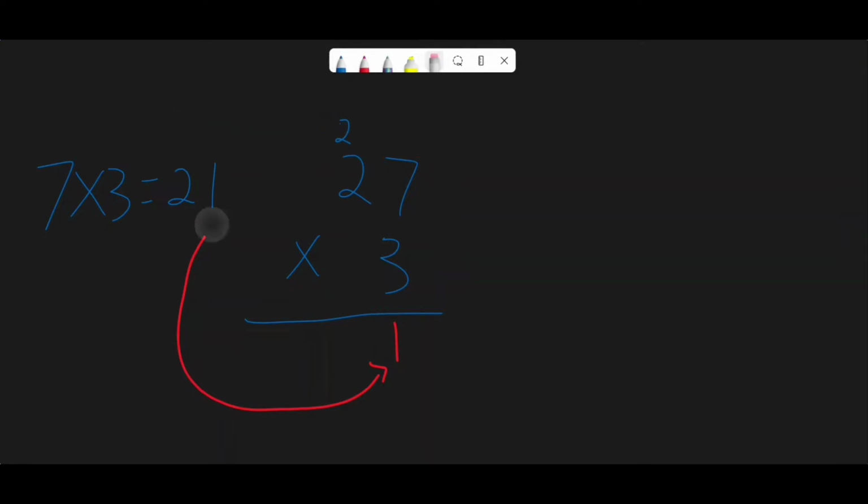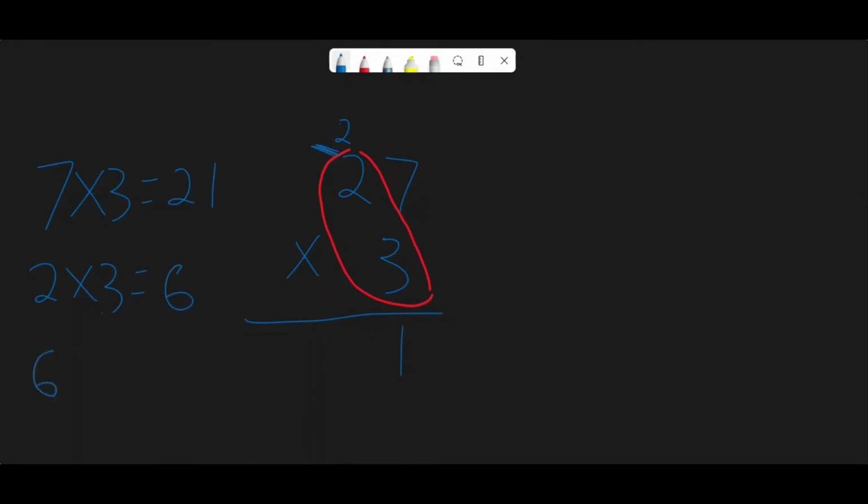Now we move on to the second column. So 2 times 3 equals 6. But we can't forget about this 2. So 6 plus 2 equals 8. And we take that 8 and we put it right there to get the final answer of 81.